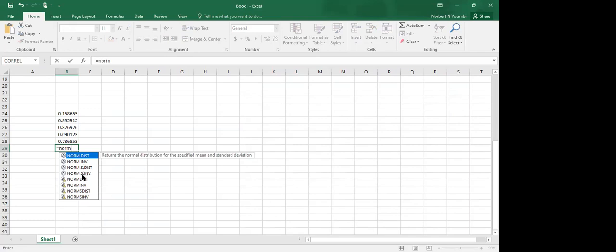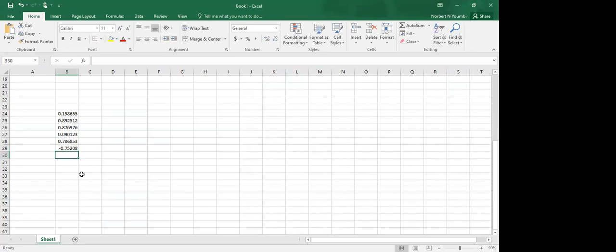Use normal standard inverse. And then type the area, 0.226. With your calculator, type that area, 0.226. This is easy if it is the area to the left. If it is area to the left, no problem.